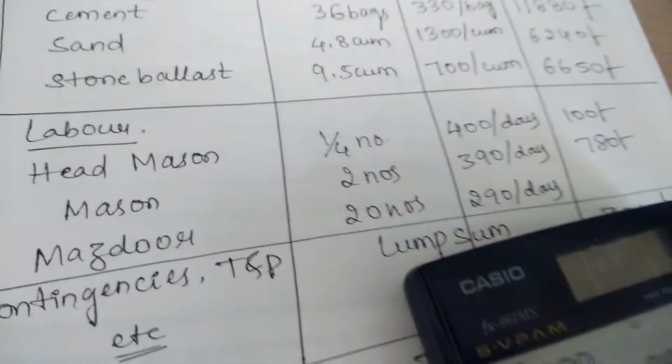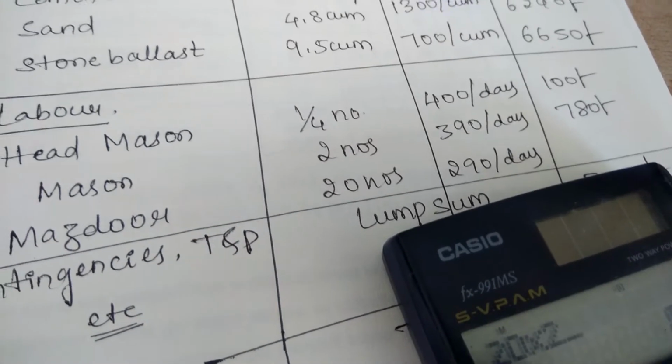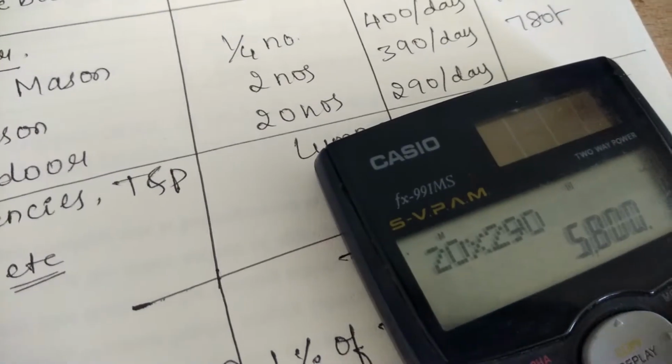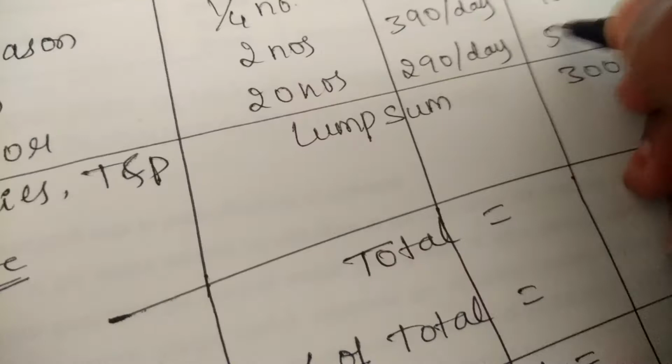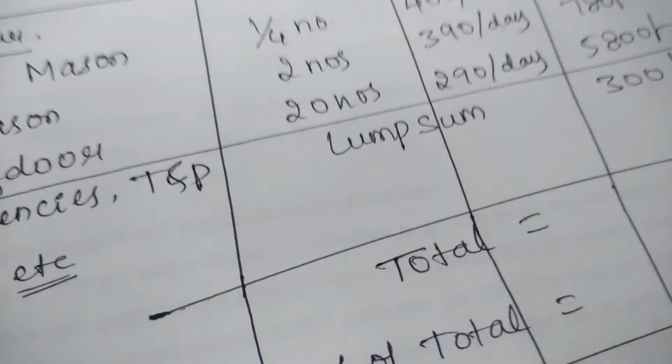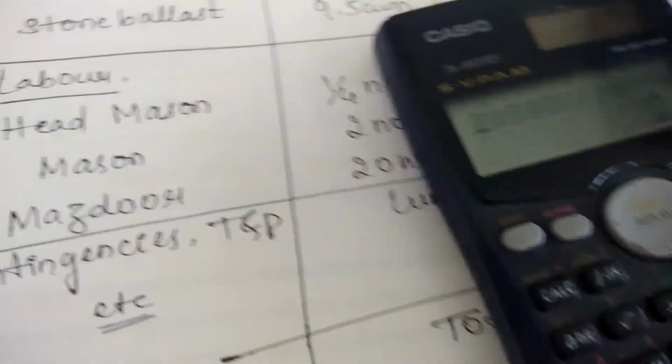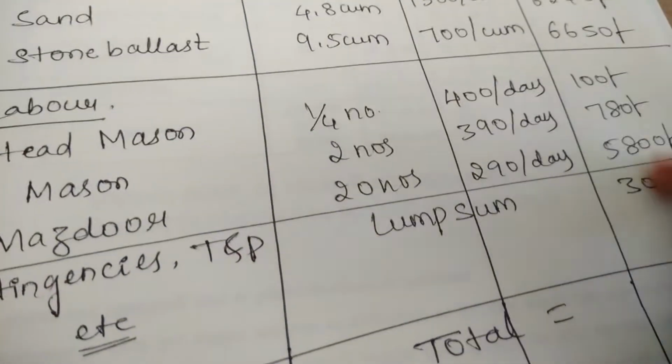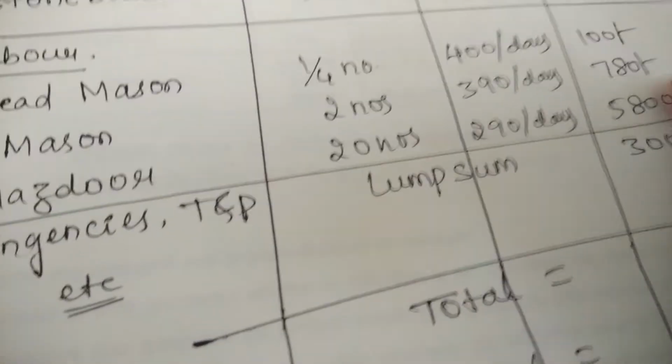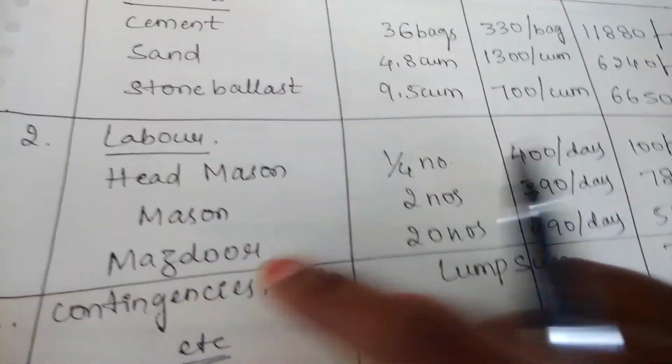Then 20 into 290 gives you 5800. Sorry, here I need to do 2 into 390 is 780. Correct. All this represents the amounts fixed for these types of labor.